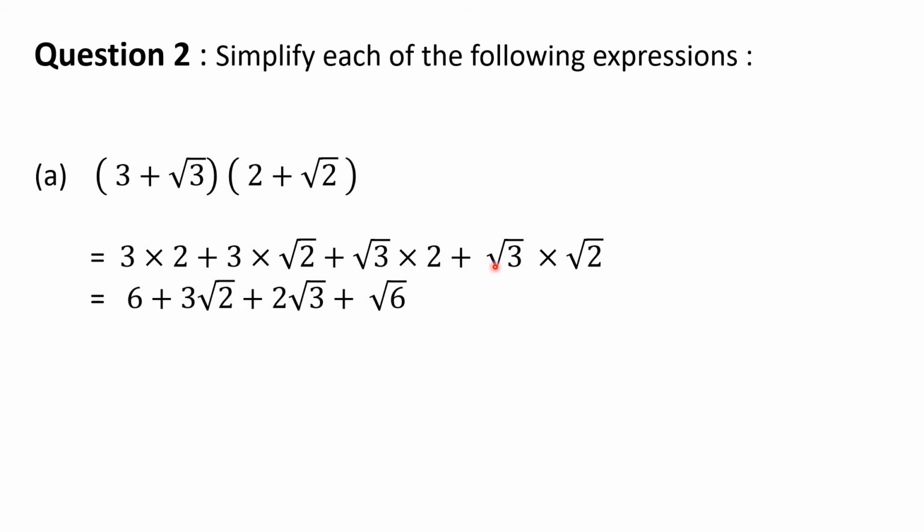Now, root 3 into root 2, what do you get? We have learned the formula in the previous class already. What was the formula? Root a into root b is root ab, right?